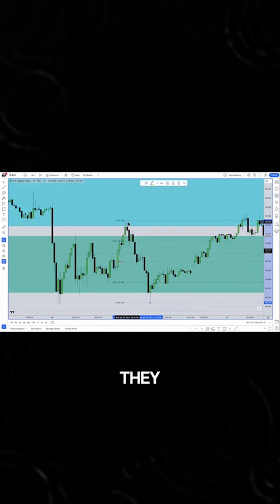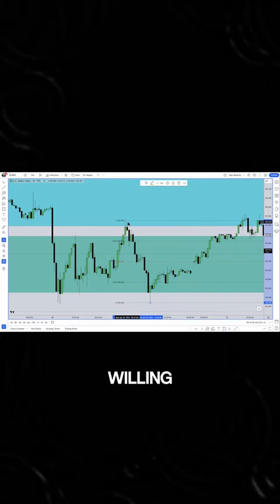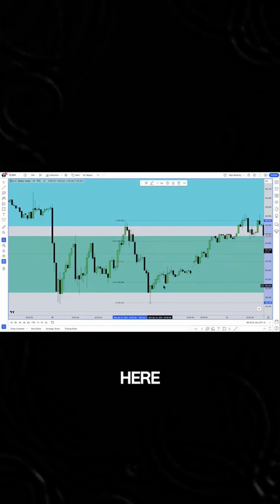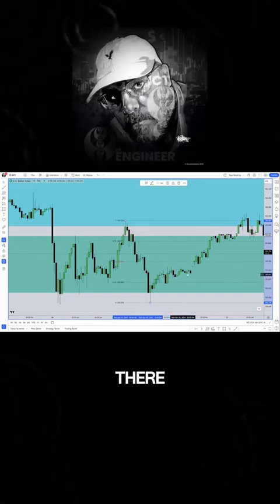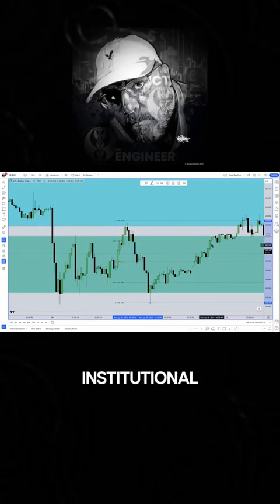And they will offset, distribute their long positions to willing buyers at a higher price. Where did they buy? Here, there, there, there, there, there. This is institutional order flow entry drill.